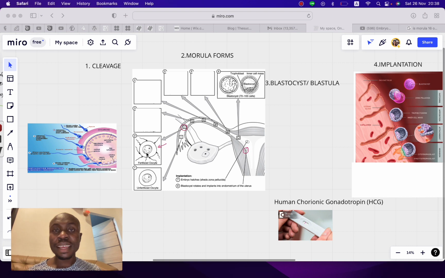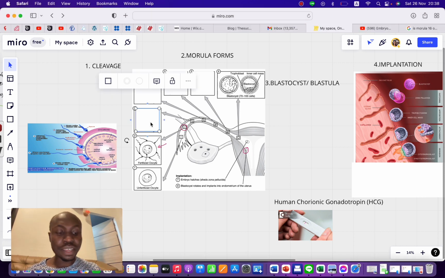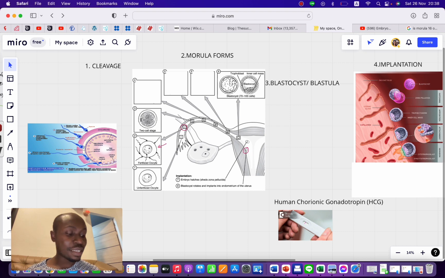Now let's look at what happens when it is traveling into the uterus. About 24 hours after fertilization, the zygote is going to divide into 2 cells. Sometimes we call these cells blastomeres.